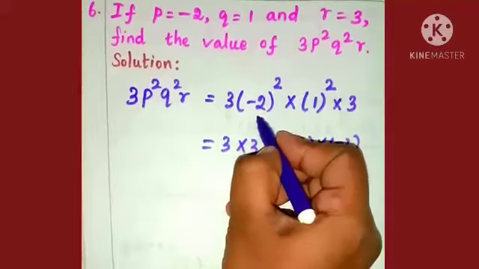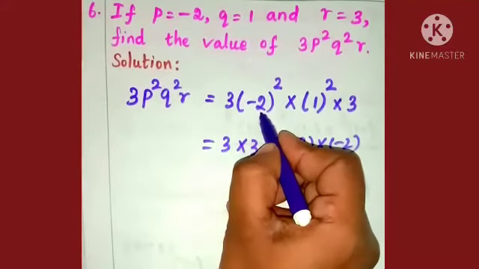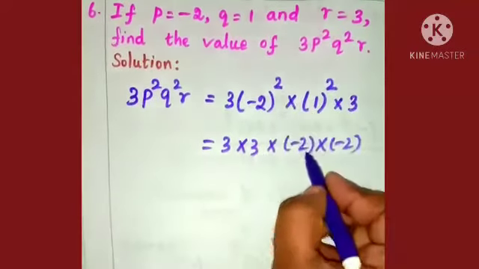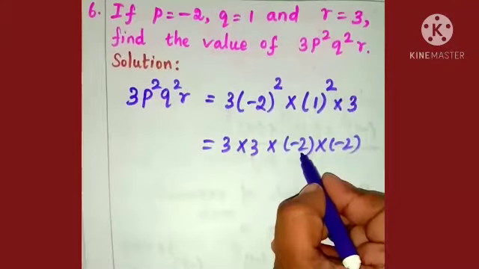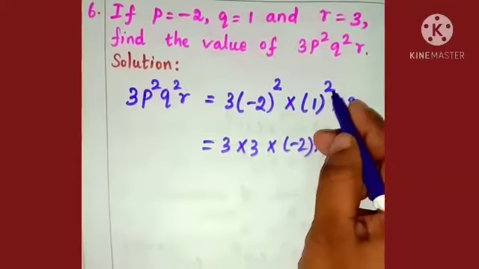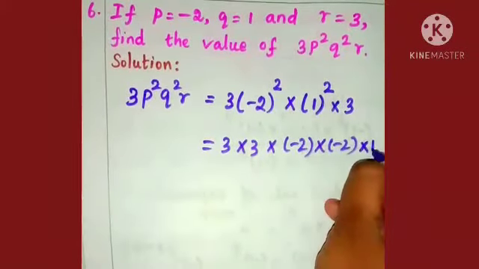Here it means that minus 2 is multiplied by itself 2 times. Thus we can write minus 2 squared as minus 2 into minus 2. And what is the value of 1 squared? That is 1.